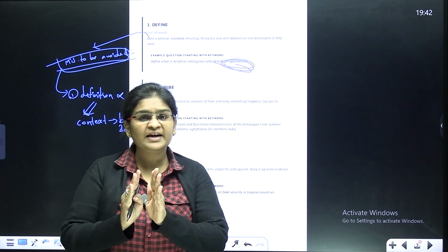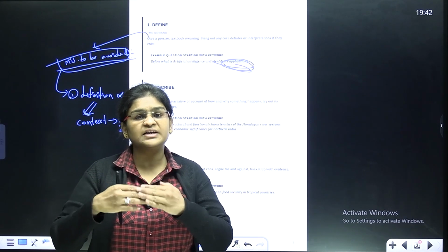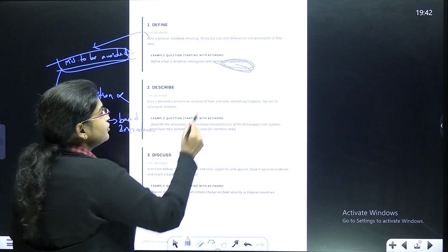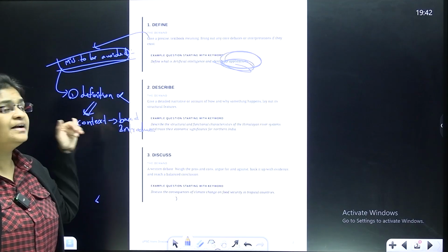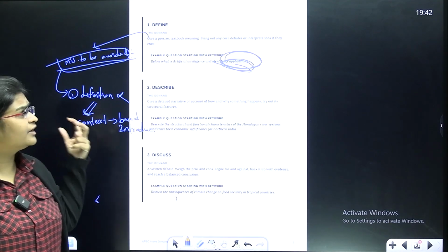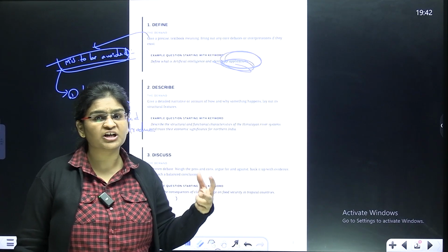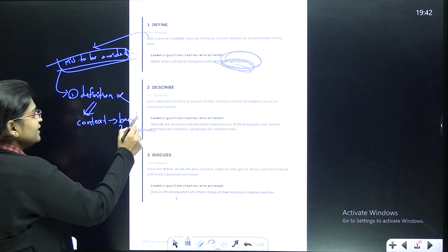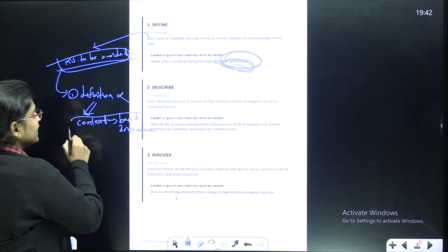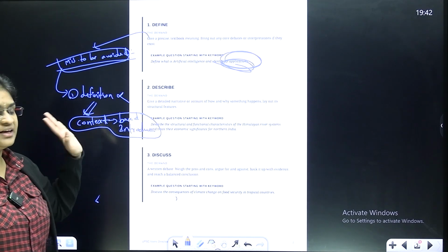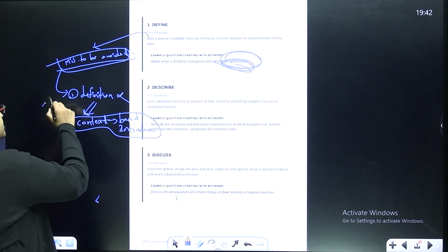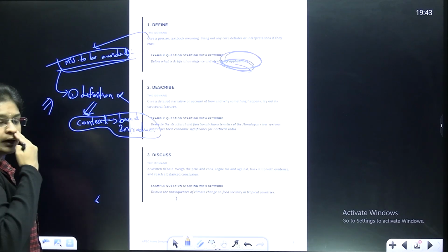So we must write the context-based definition by including the word application. This is the second way of writing the introduction, whenever you are not aware of the proper definition, particularly when the term define has been given. So this is the mistake that must be avoided.